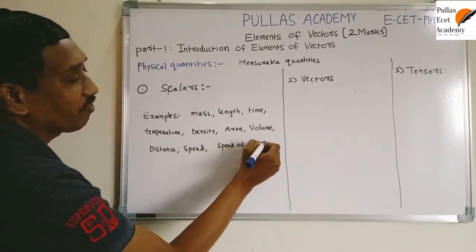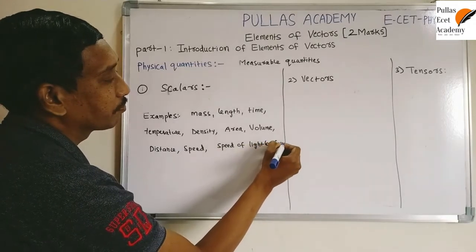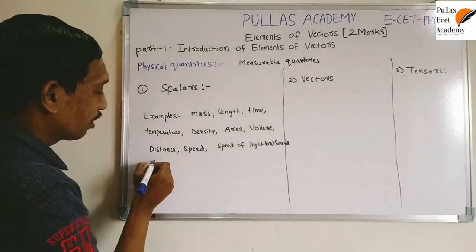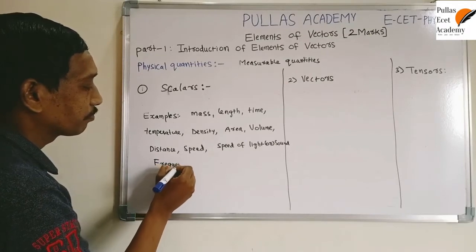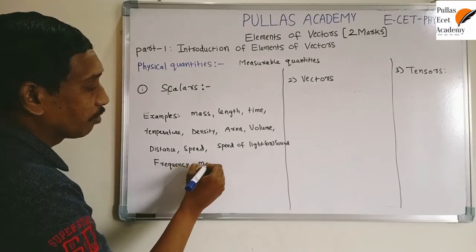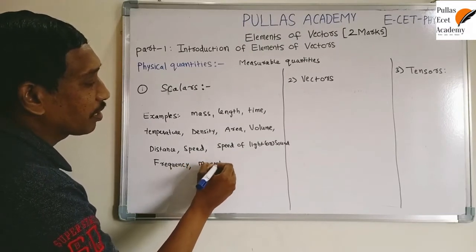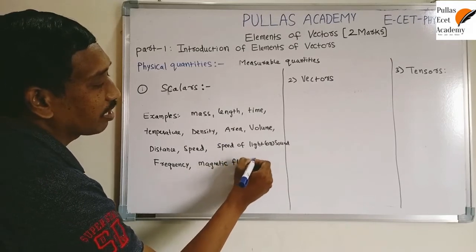Not only light, speed of sound is also a scalar quantity. Frequency is a scalar quantity. Magnetic flux is a scalar quantity. Electric flux is also a scalar quantity.